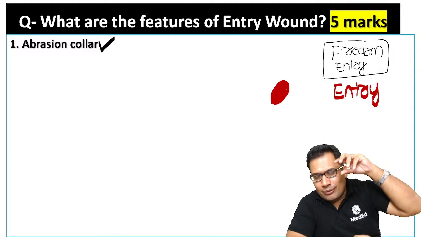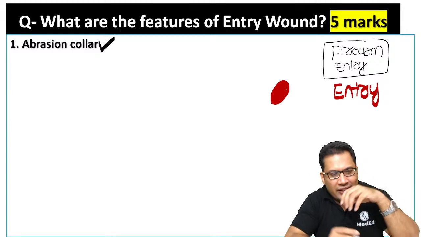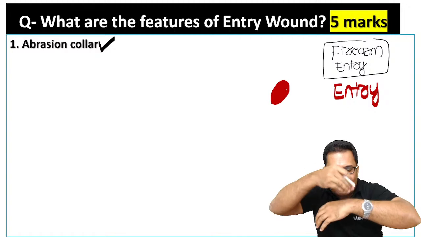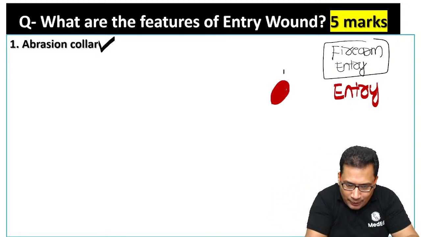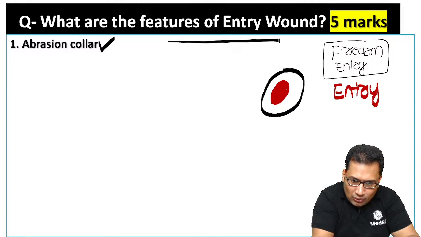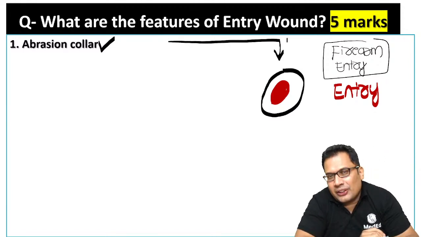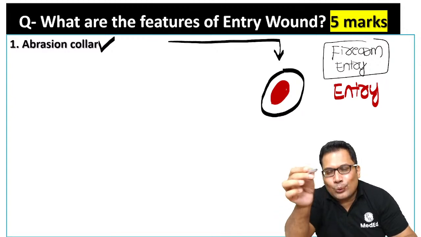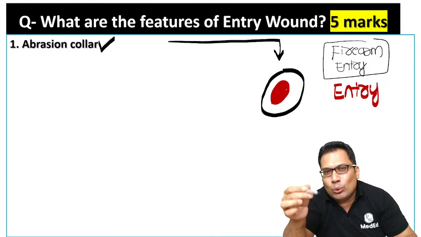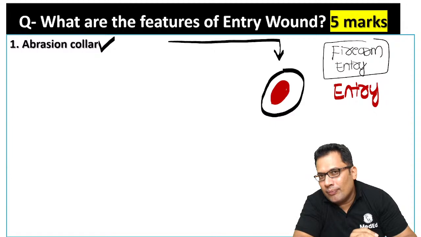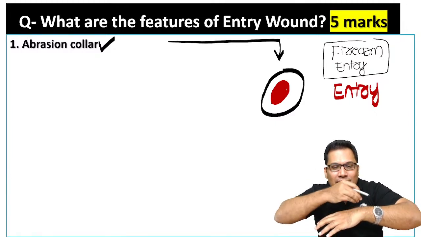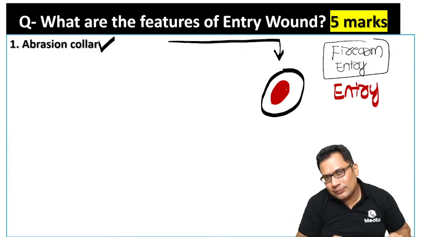When a bullet spins over the skin like this, it forms an abrasion collar. Abrasion collar is a collar seen around the entry wound because of the spinning movement of the bullet over the body, over the epidermis, dermis and all. That forms the abrasion collar.